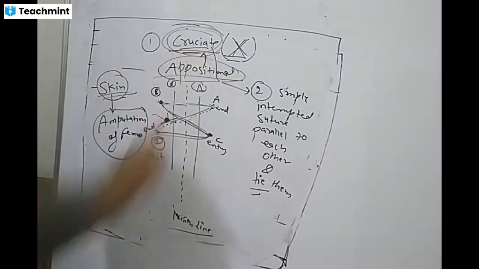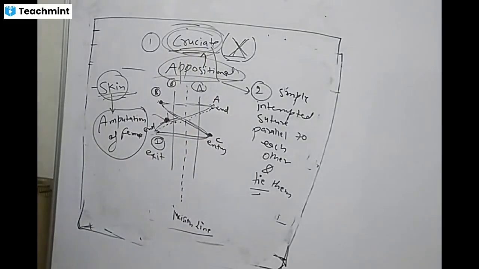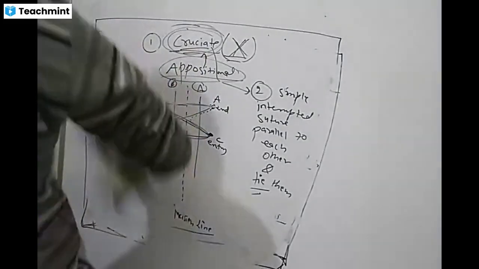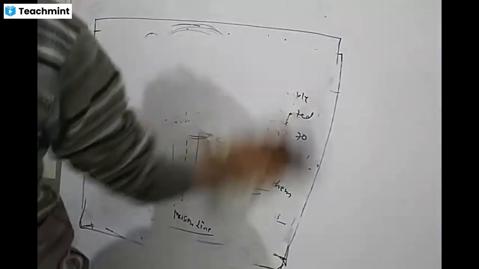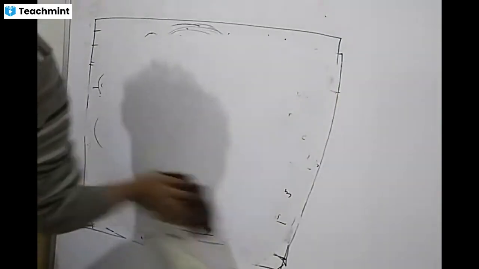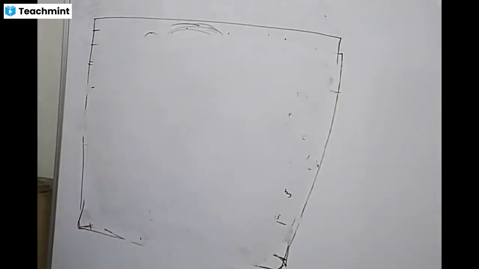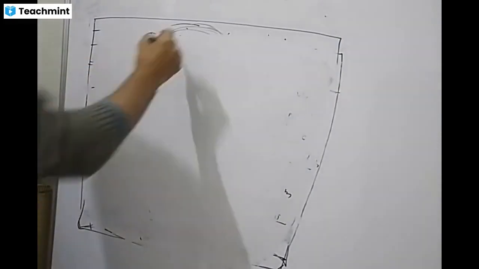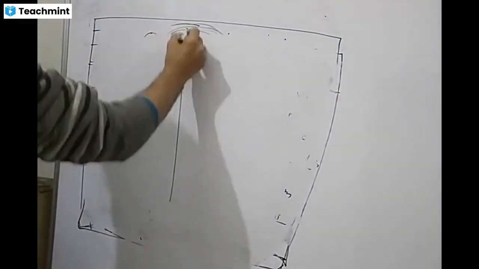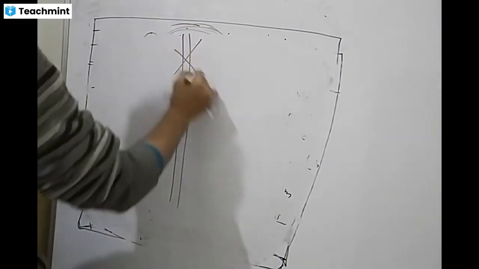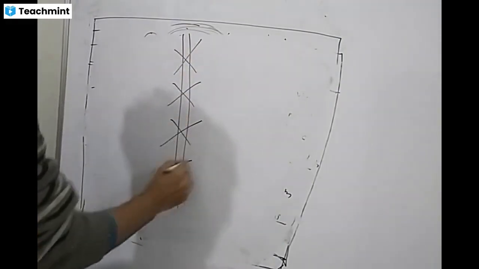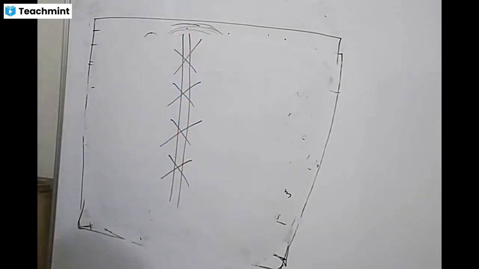So we call it a cruciate or cross pattern. It is stronger than simple interrupted, and this pattern is also an interrupted type. This is the skin and edges. After applying, it will be like this. Multiple crosses will be there.